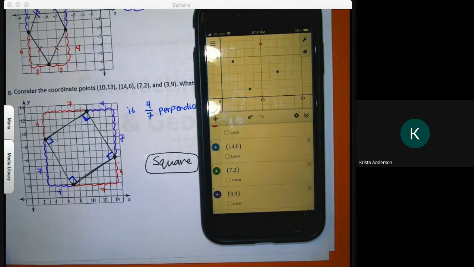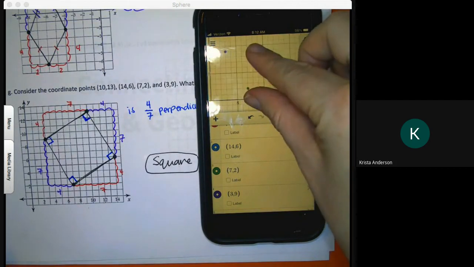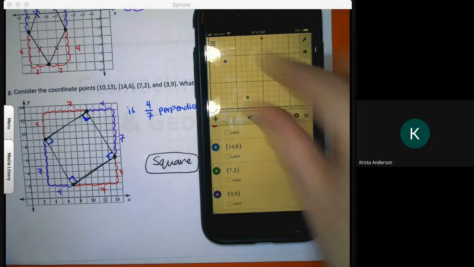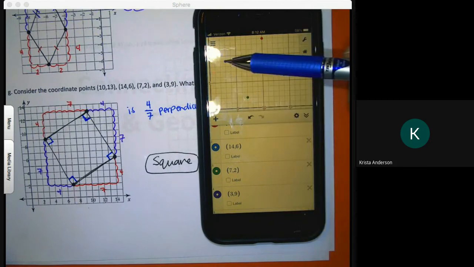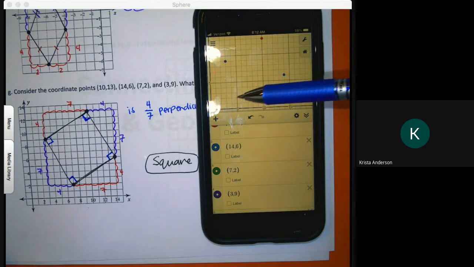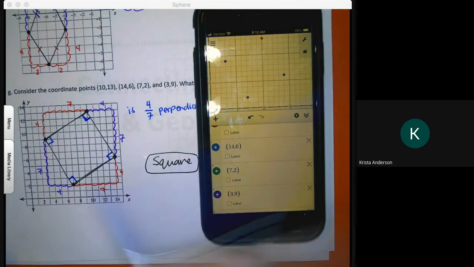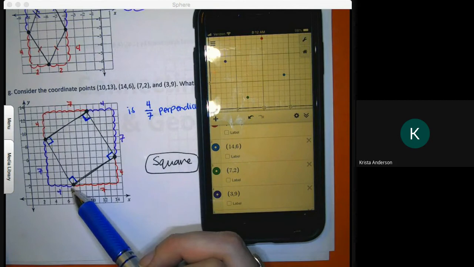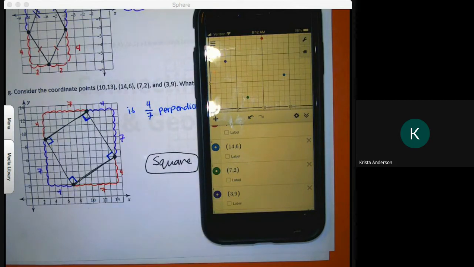Because you can count on here, 1, 2, 3, 4, 5, 6, 7, 1, 2, 3, 4, 7, 4, and see if they all match.